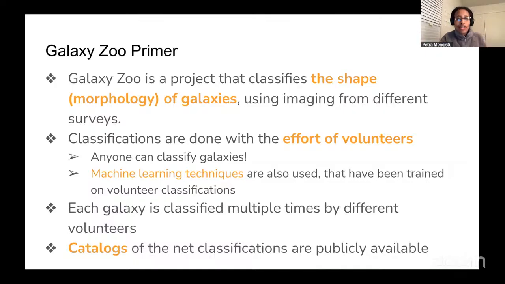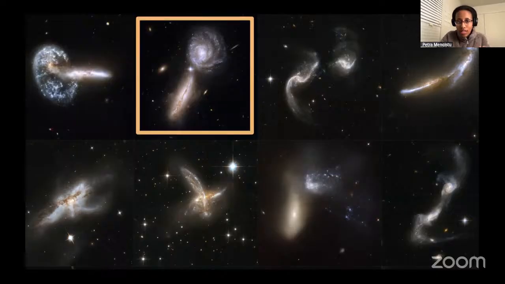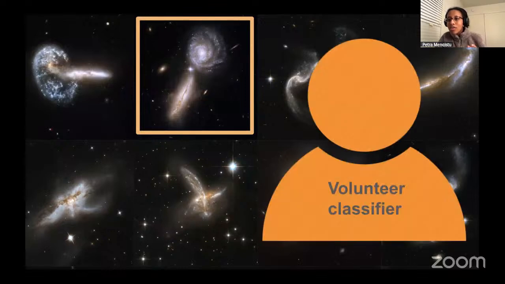Let's go into that in a bit more detail with an example scenario, using images found in the Galaxy Zoo project. For any one of these images, let's say this one, a volunteer will be asked to classify what the dominant features in the image are.